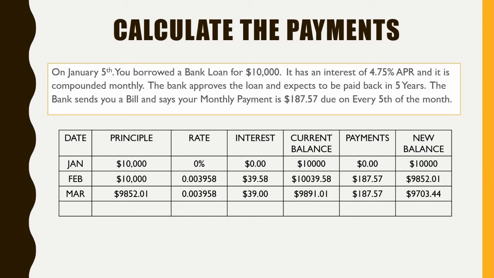And now it's going to add together to become a new total balance of $9,891.01. And again, because this number here was already a pre-calculated number, the bank already figured out all the numbers for you, and they send you a bill and say, hey, this is how much you owe me every single month.